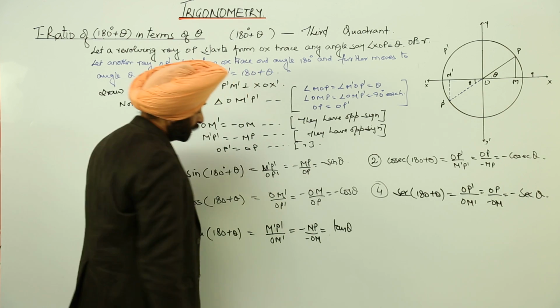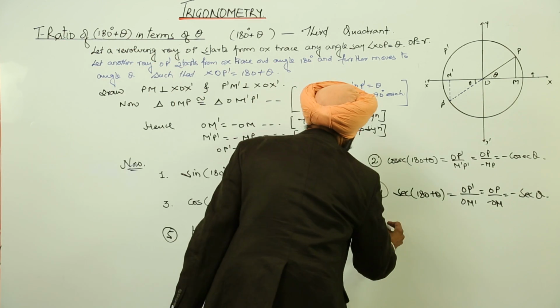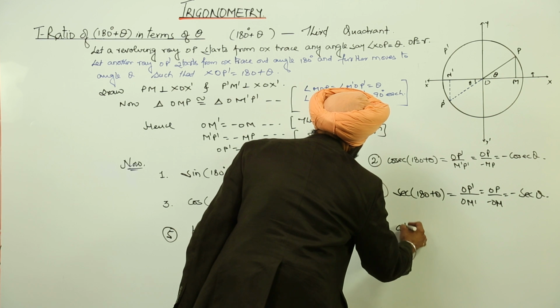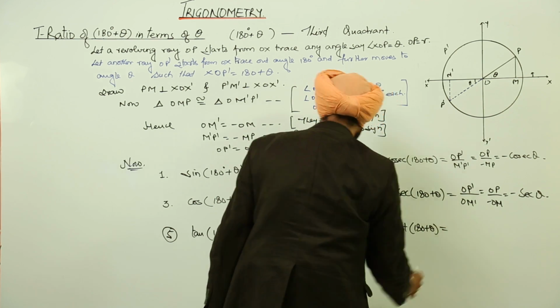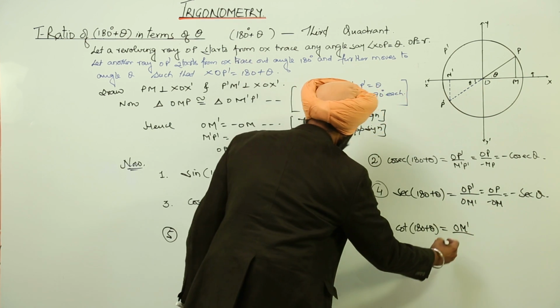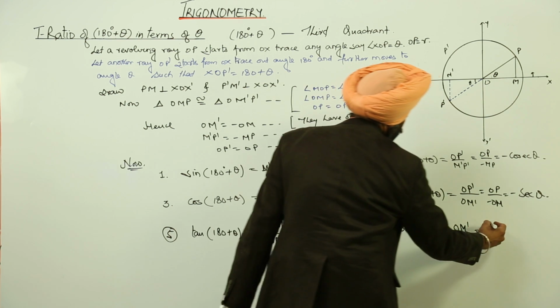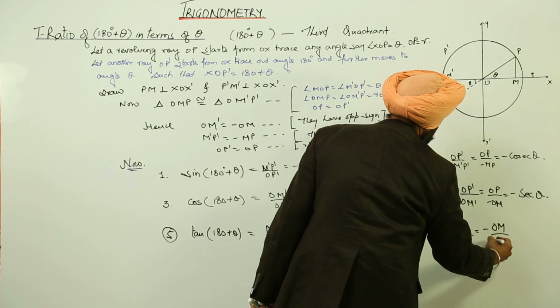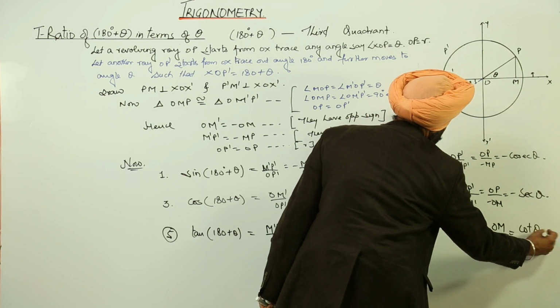Here negative and negative cancel, so we have the result as positive. Okay. And number 6. Cot 180 plus theta. Now this is equal to OM dash upon M dash P dash, negative of OM upon negative of PM, which is equal to cot theta.